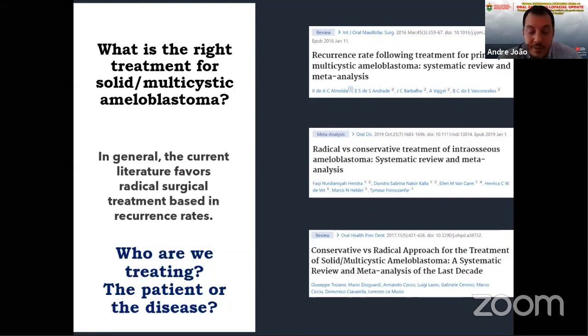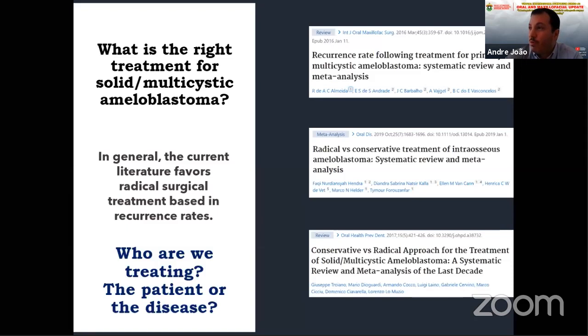And it's very sad to see a mutilated patient that cannot eat, cannot talk properly, because after the treatment, he got a huge defect in his mandible, which is the most common bone where ameloblastoma or these aggressive tumors appear. So that's something that I want to keep in your mind. Who are we treating?